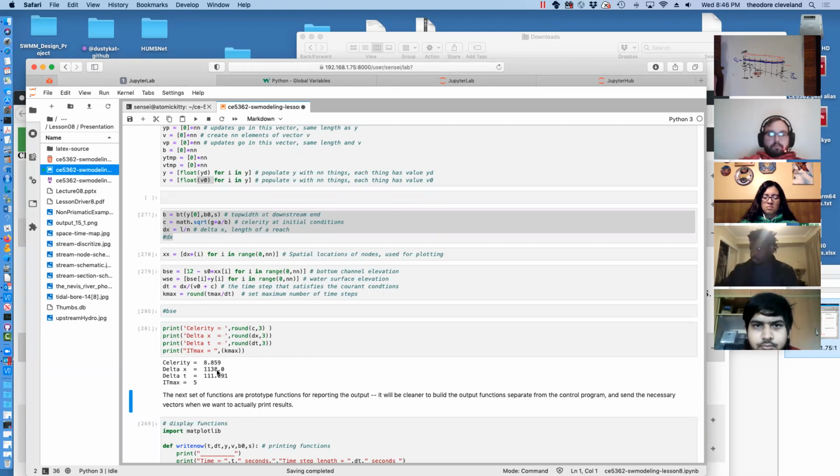Our delta x is 1138 meters, and our initial computed best time step is 111 seconds. So if we were to attempt to calculate an update at 120 seconds, that's too large of a time step. We have to use 111 seconds or smaller to guarantee stability.